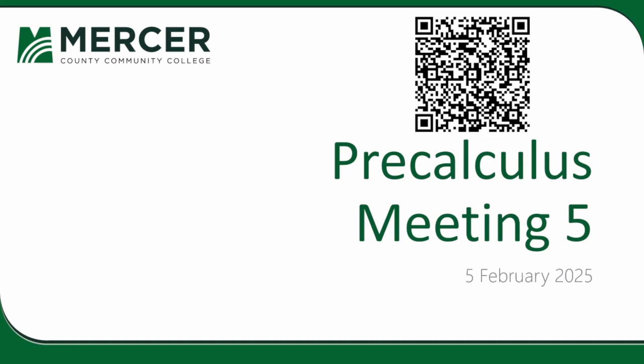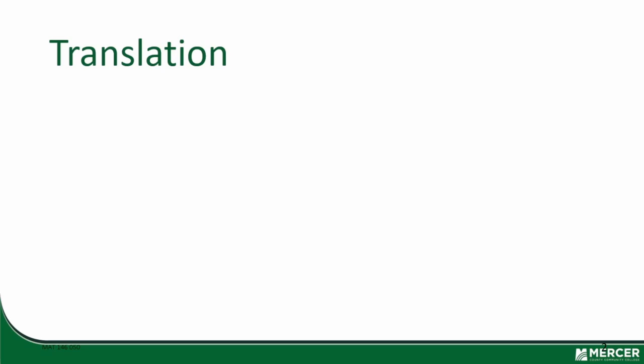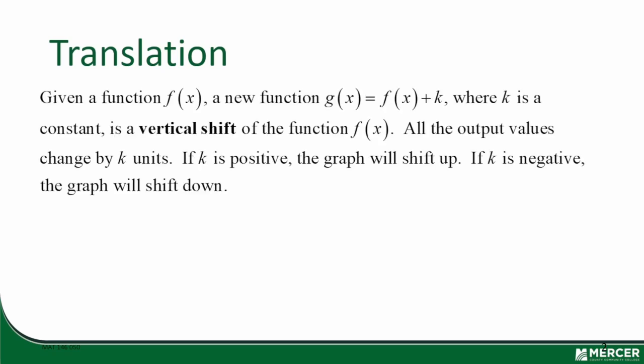Three broad categories of transformations. The first is a translation. So if you're given function f of x, the function f of x plus k, where k is a constant, is a vertical shift or a vertical translation of the function f of x.